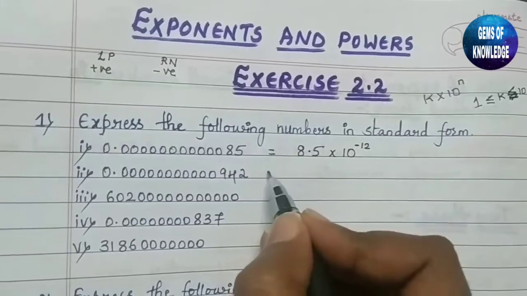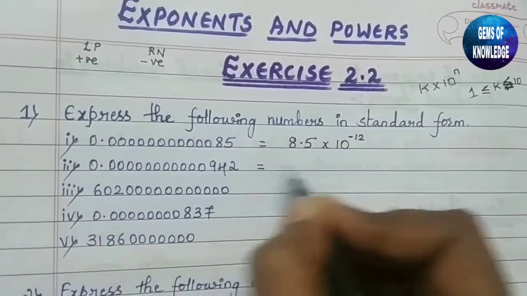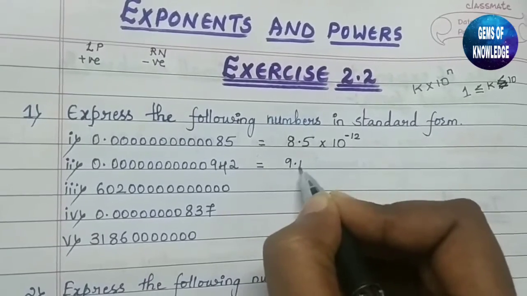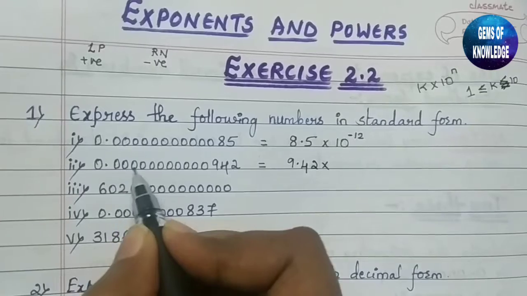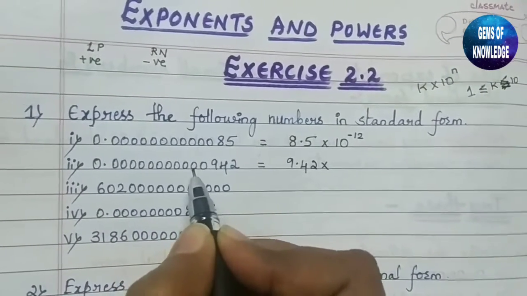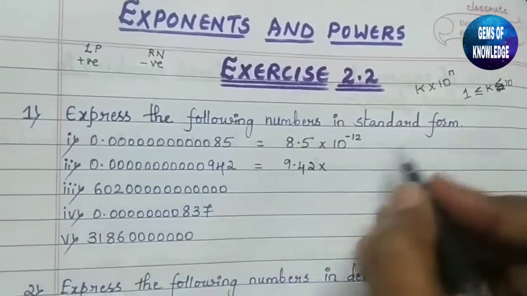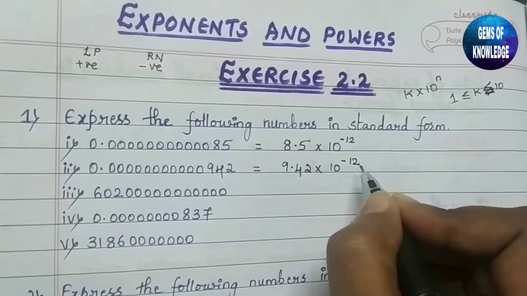Then the second one, we have to take the power here, 9.42. It will become, see, 1, 2, 3, 4, 5, 6, 7, 8, 9, 10, 11 and 12. Here also it will become 10 to the power of minus 12.